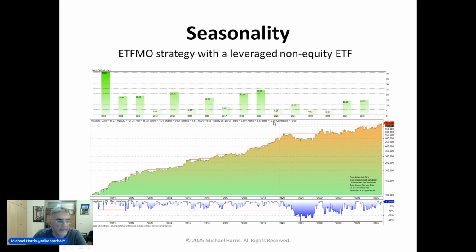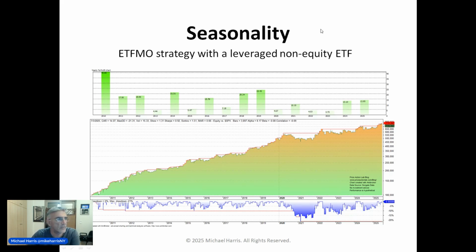Beta is basically zero, so this has no correlation with the market. This is a nice strategy. The underlying hypothesis is sound. It's not a data-mined seasonality strategy that you mostly run across in various blogs or posts on social media. There is a reason that this works, but of course we don't know if it's going to work in the future.